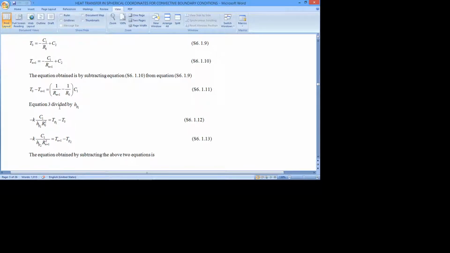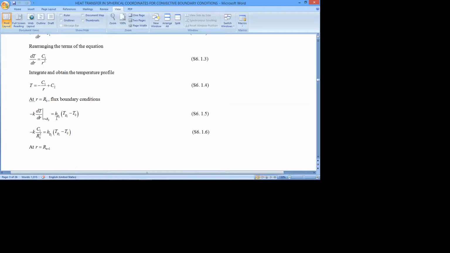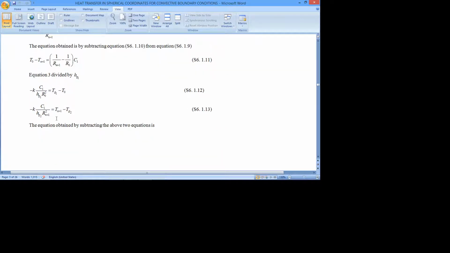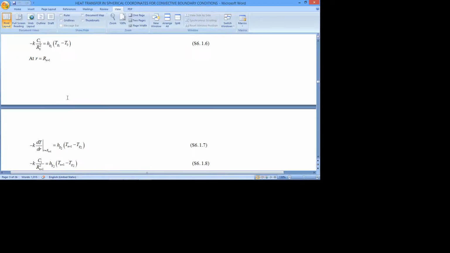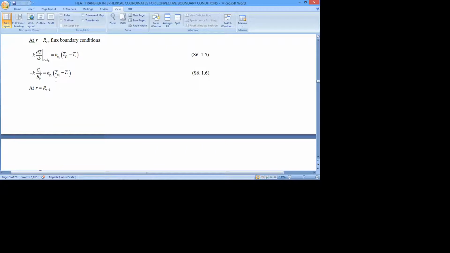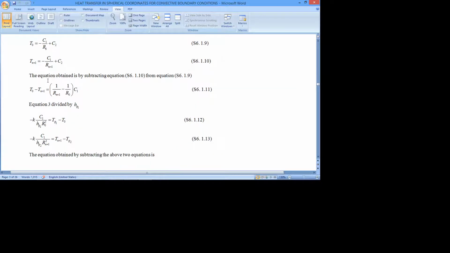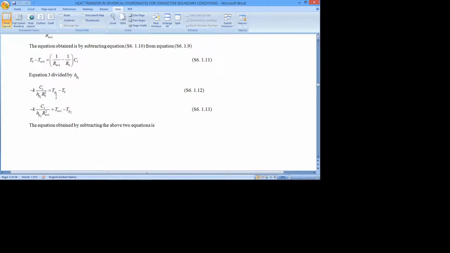Now equation 3 can be divided by Hg1, so you will get this one here. This equation you are dividing by Hg1.